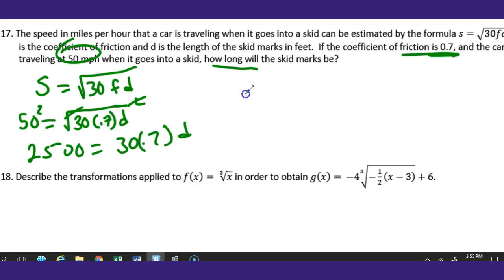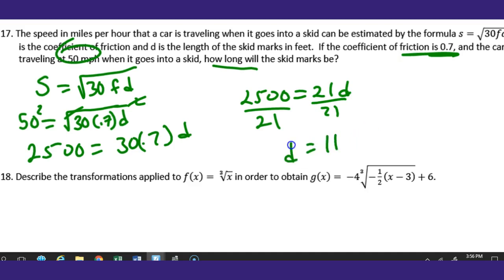All right, so I have 2,500 equals 21D. And now I just divide both sides by 21. And I get D being 119.05 feet. All right, because D is in feet, so there we go right there, okay?